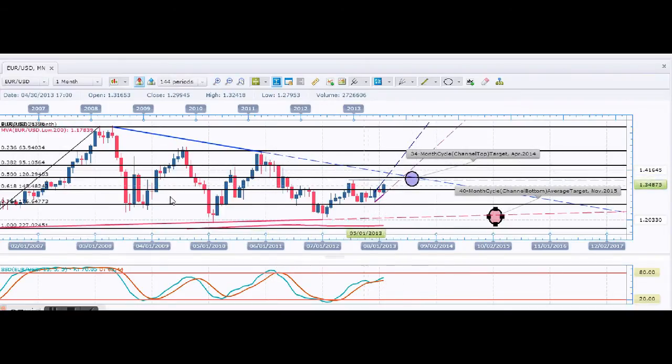So 34 months later from here, we would have April of next year as a sort of monthly roof being at this level, which is the 50% Fibonacci retracement level of this ascending price action back here.